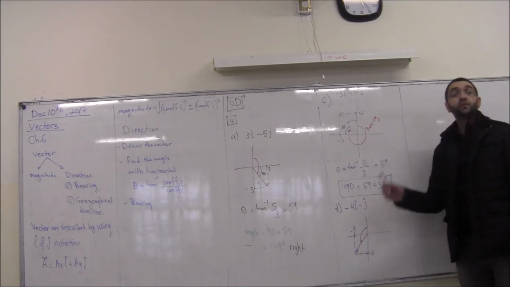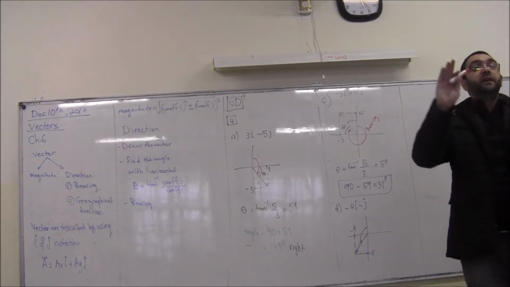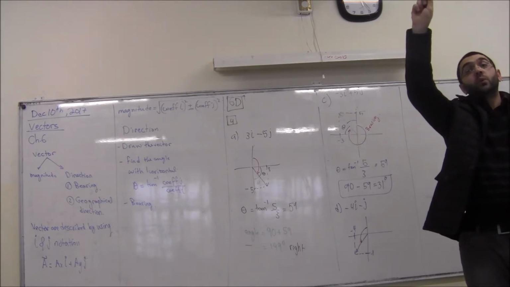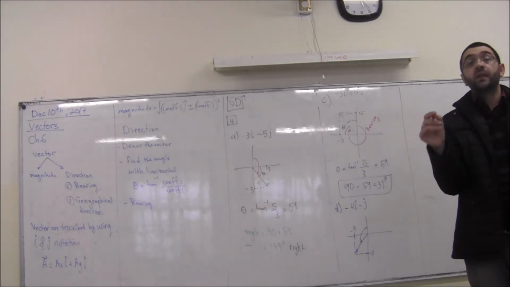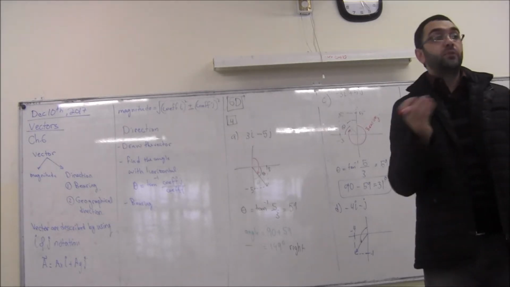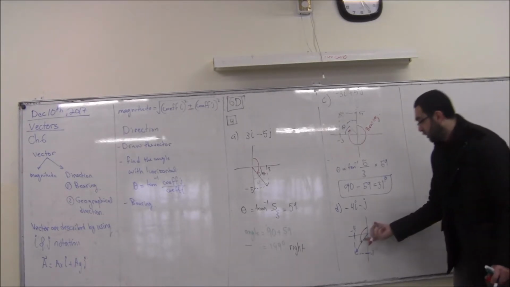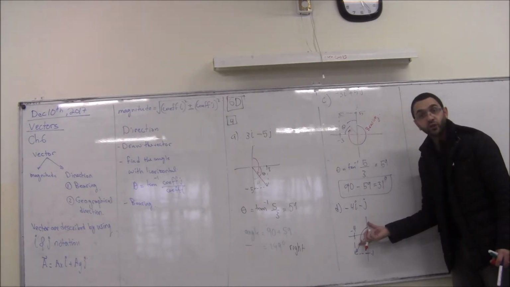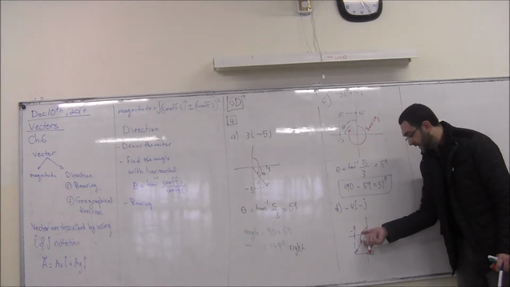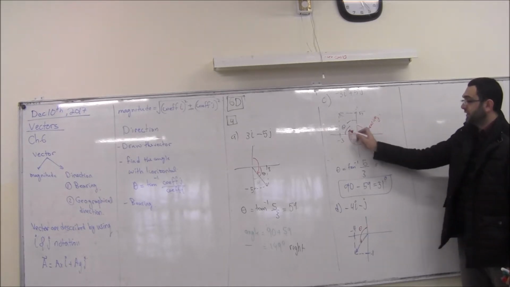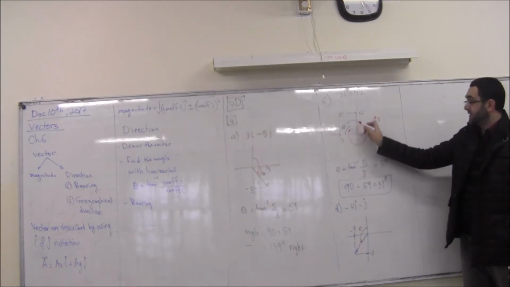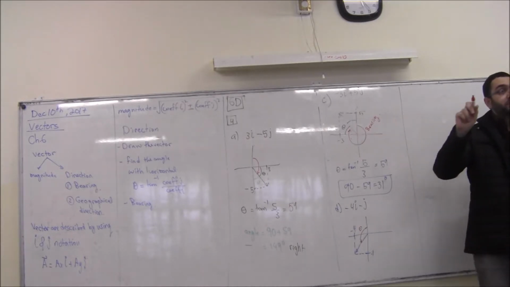We say here if you are asked for bearing, bearing is always from the positive y-axis or north, clockwise. I have no problem. When it says calculate the angle between, it should be enclosed between them. Do you understand what I mean by enclosed? This is what we are asked to find. Here, this is not enclosed between them; this is the enclosed one.